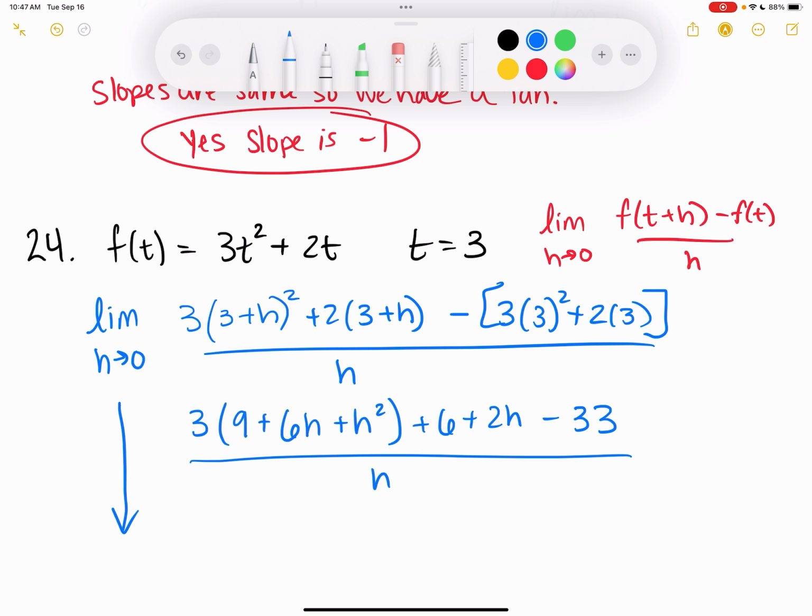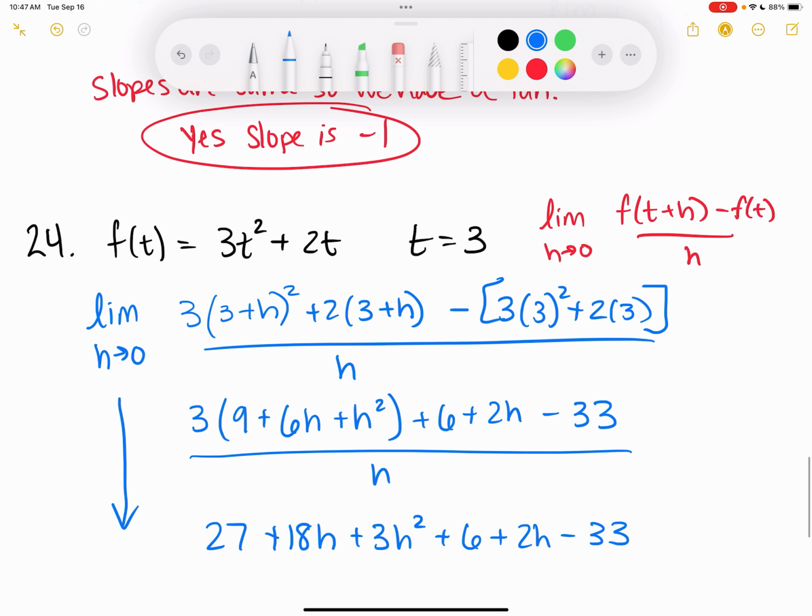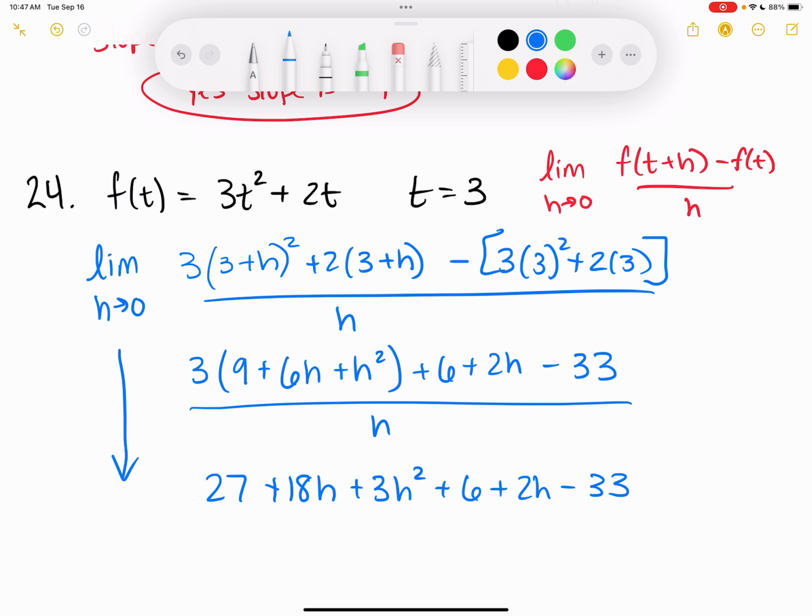Then multiplying here, that gives me 27 plus 18h plus 3h squared plus 6 plus 2h minus 33, all over h. 27 and 6 cancel with the negative 33.